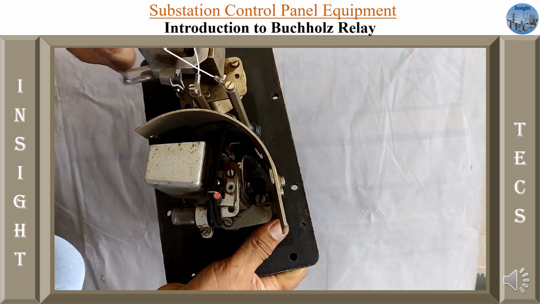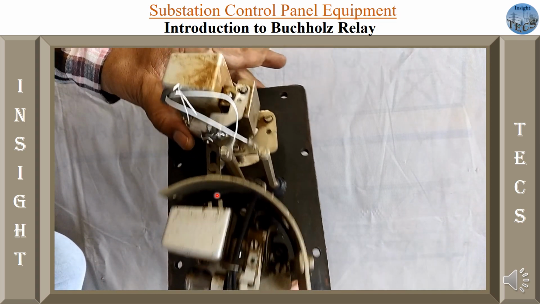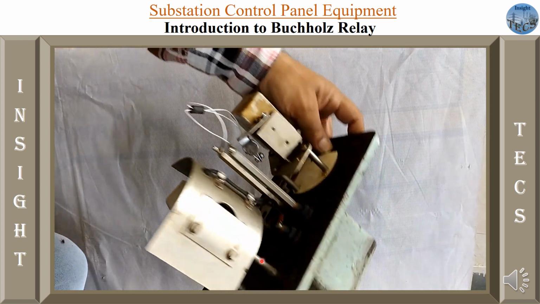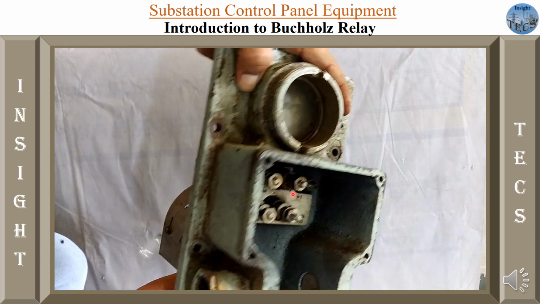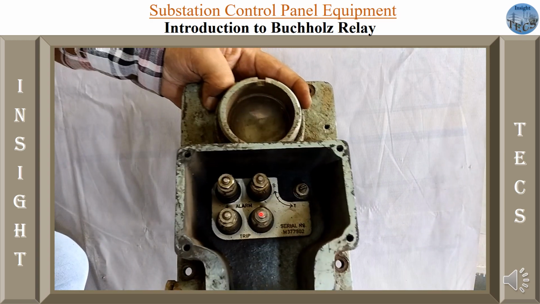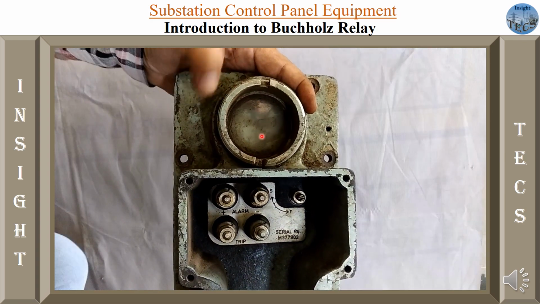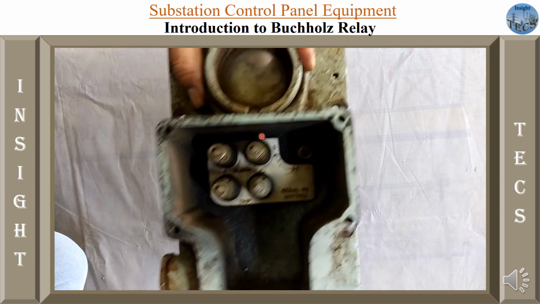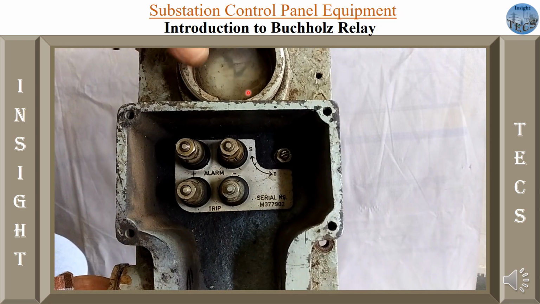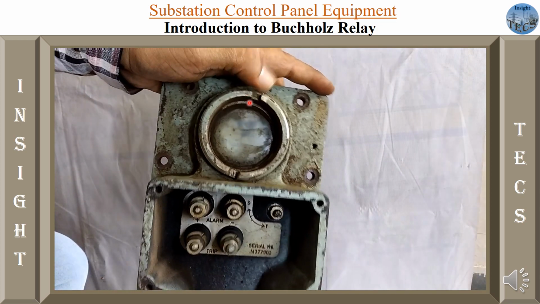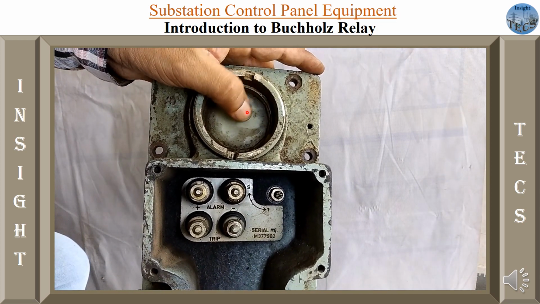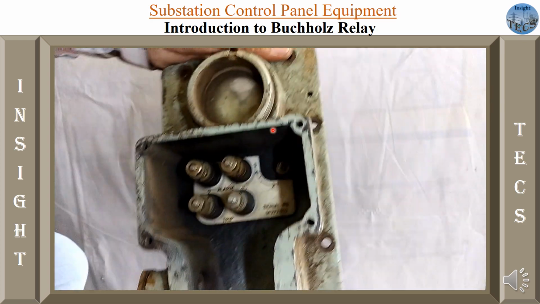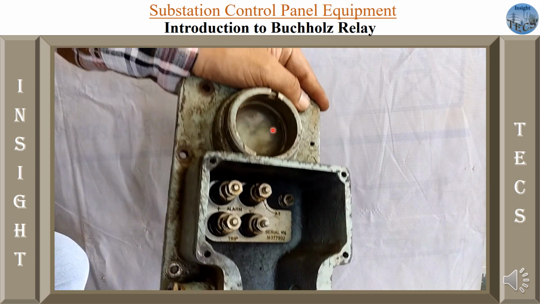So these are the normal operating contacts of the Buchholz relay. These are the two contacts that are extended to the outside in this way, and this is the simple oil level indication. It indicates the oil level inside the transformer, and whenever there is some fault condition, it also shows how much gas is filled inside. So this is the basic explanation of a Buchholz relay.